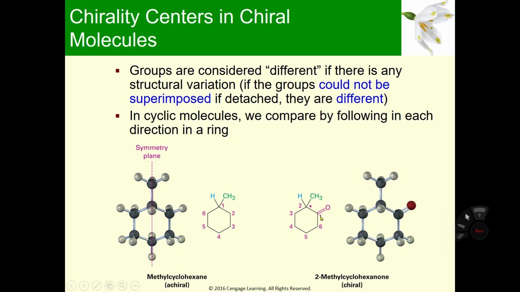How about this? It's very similar, but now you have an oxygen here. Now this carbonyl group makes these two different. Because these two are different, this cannot be the symmetric plane because the left side is different from the right side.